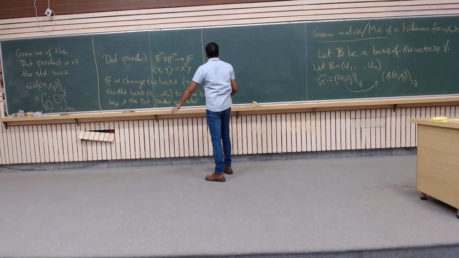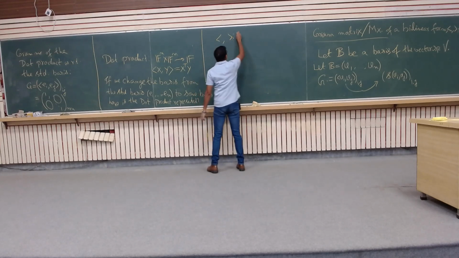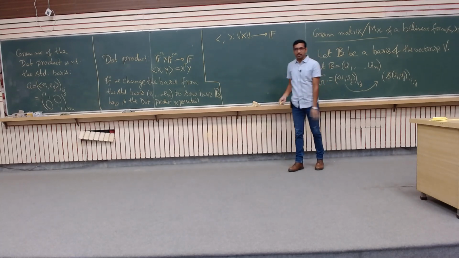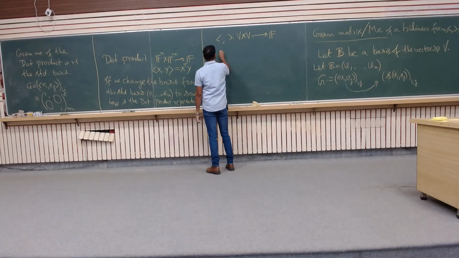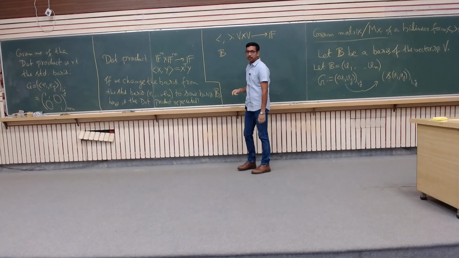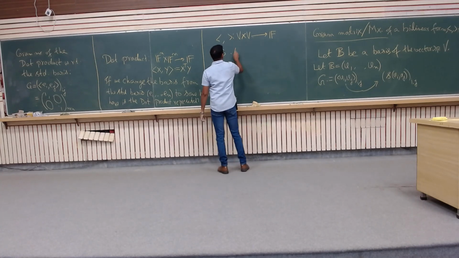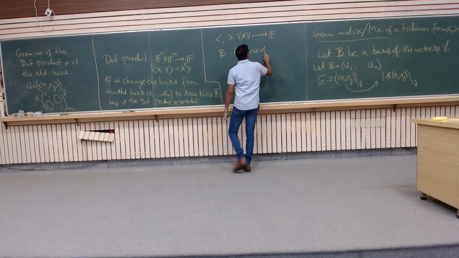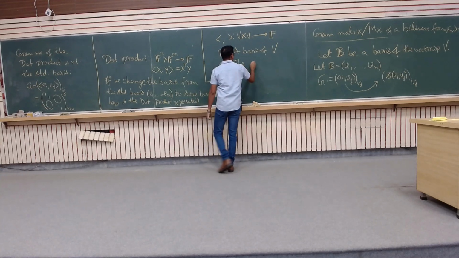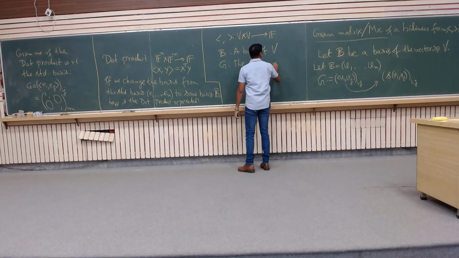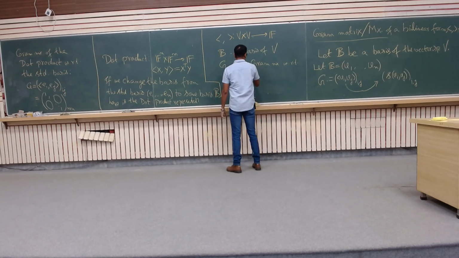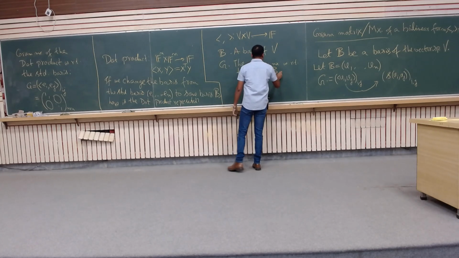Suppose you are given some form from V cross V to F. Associated with this there exists a Gram matrix, and suppose some basis B is given to you with respect to which you are defining it. So B is a basis of V, and G the Gram matrix with respect to the basis B.